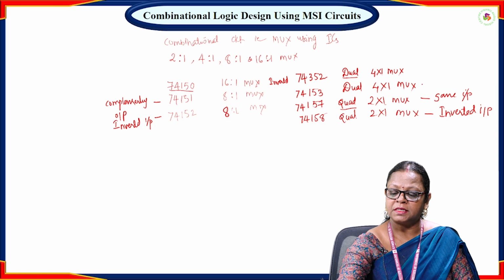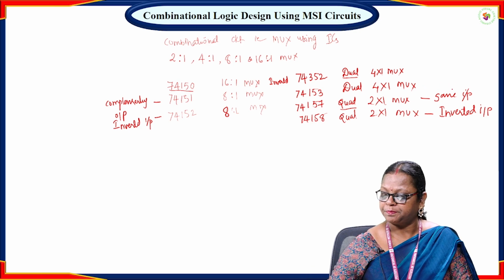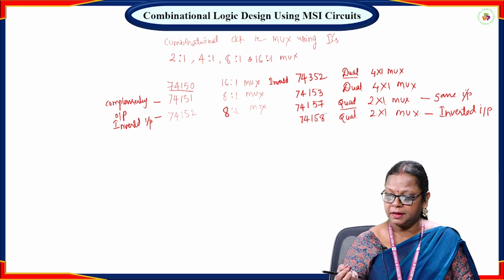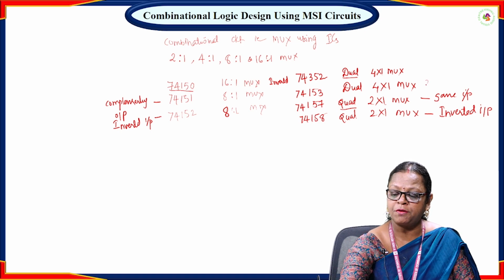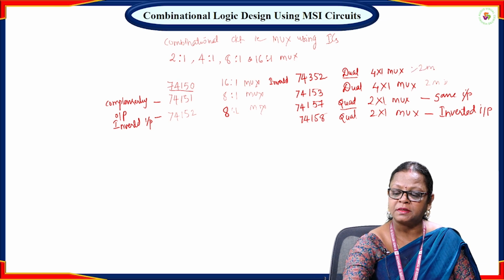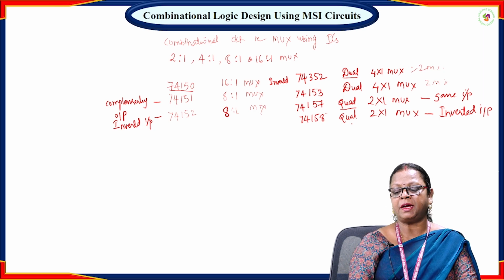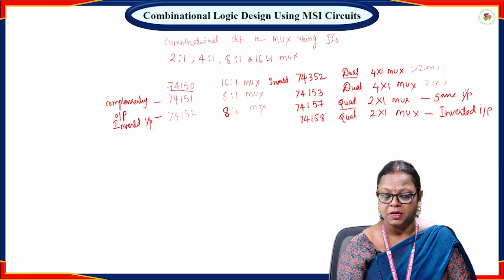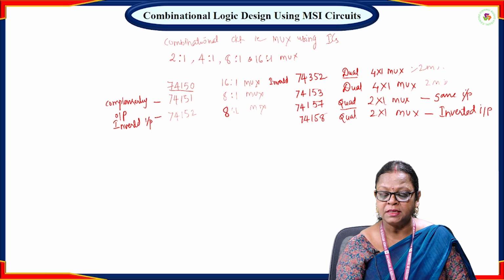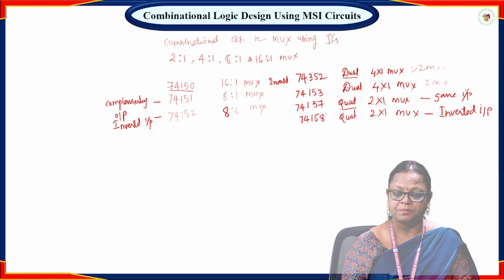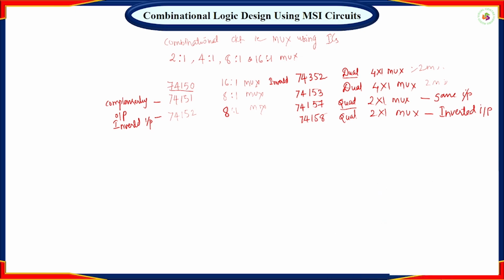And in 74153, again 2 mux are present. That single IC consists of 2 mux. And quad means 4 mux are available in a single IC package, as in 74157 and 74158. So these are the different mux ICs which are available.